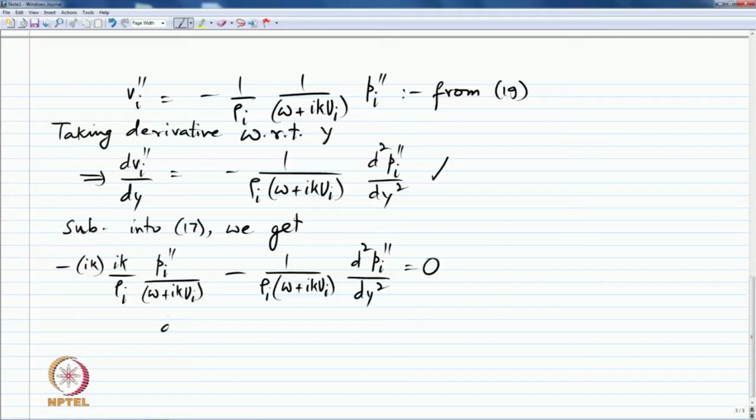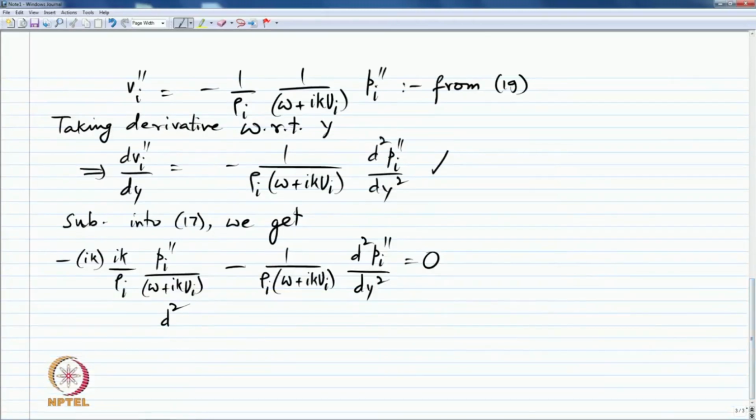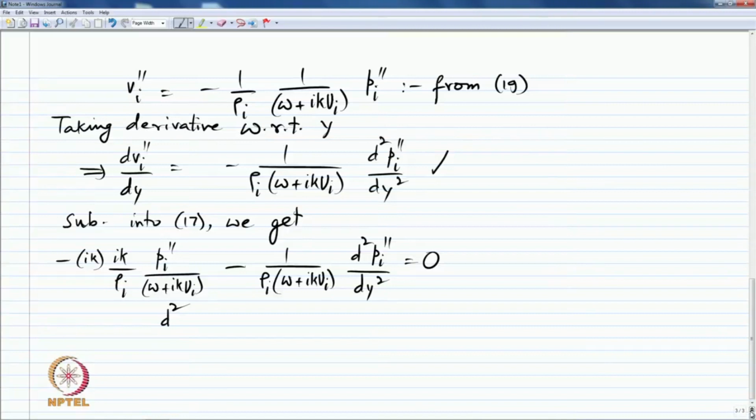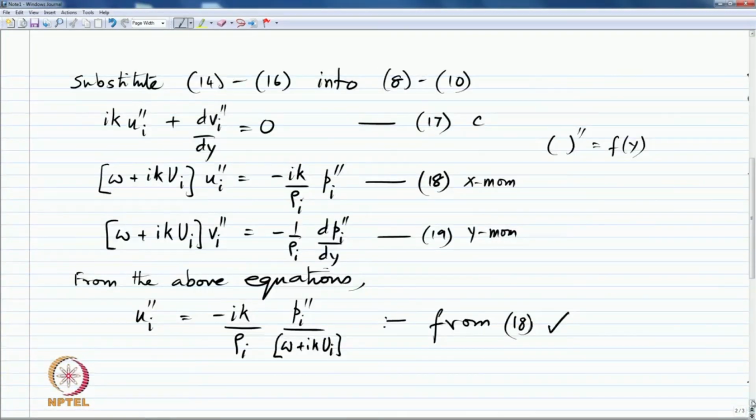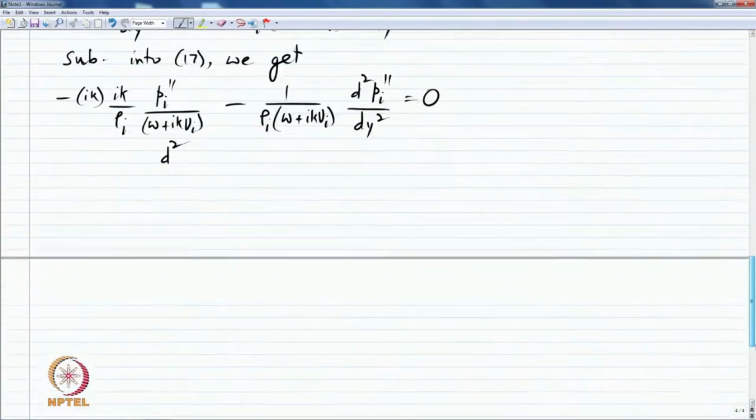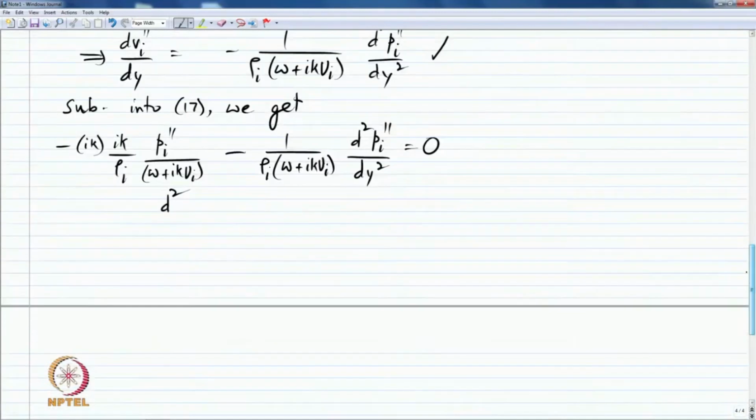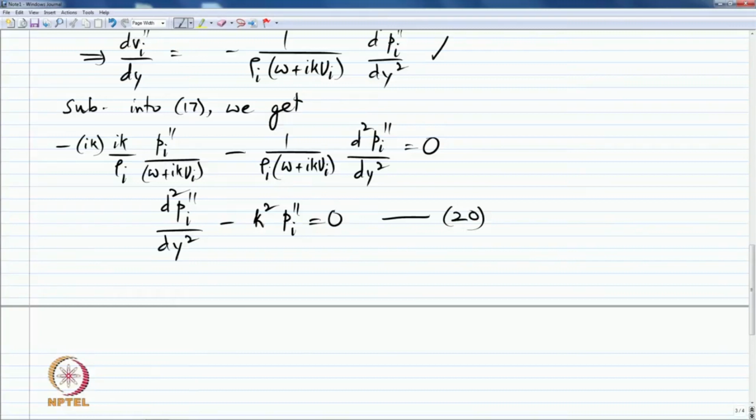So, in short I can write this as, this is our equation 20.